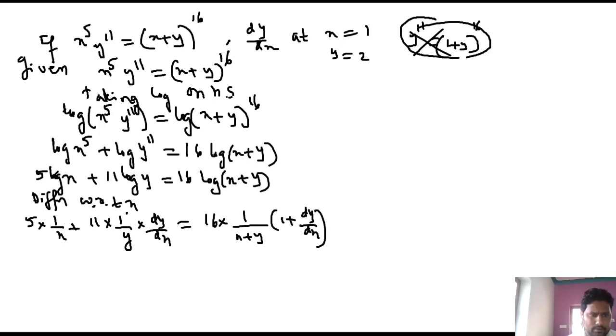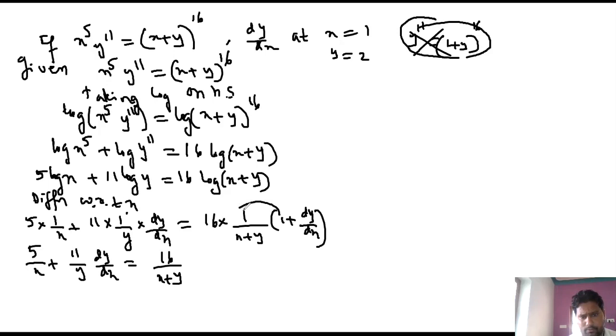This simplifies to 5 by x plus 11 by y dy by dx is equal to 16 by (x plus y) multiplied by 1, which is the same 16 by (x plus y), plus this one multiplied by dy by dx, that is 16 by (x plus y) into dy by dx.